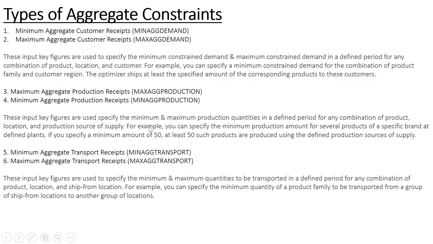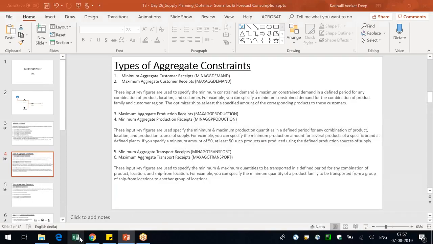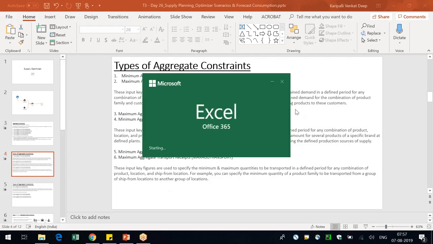Yeah, these are key figures. At least my understanding is a little bit clear on this. What I wanted to know is, how do we set up the master data? Because the way we set up master data in aggregate planning is different than the regular planning, right?